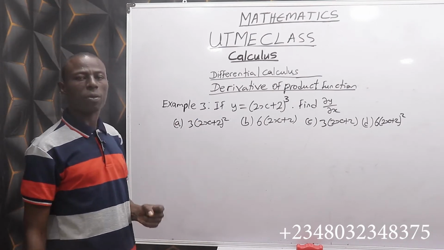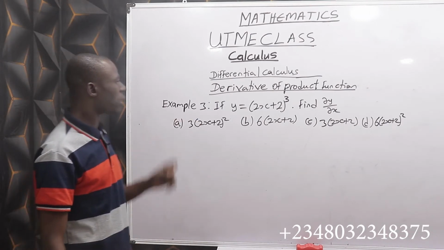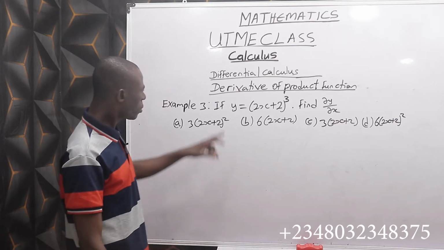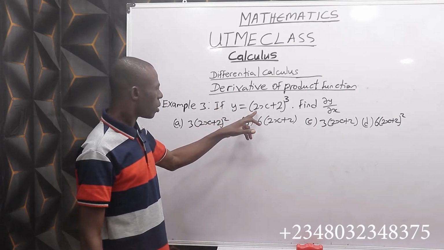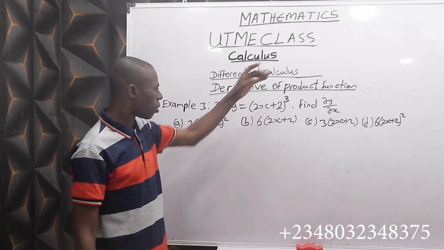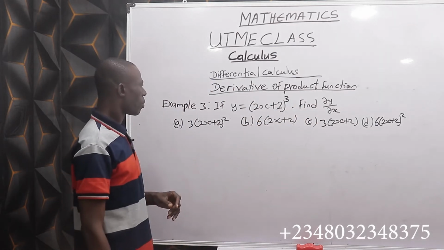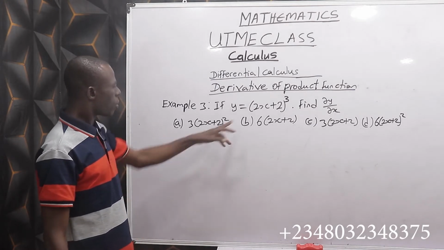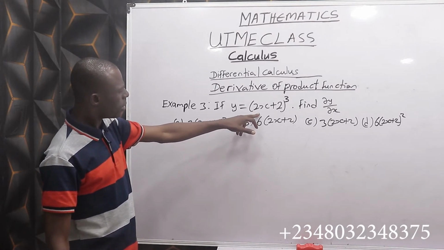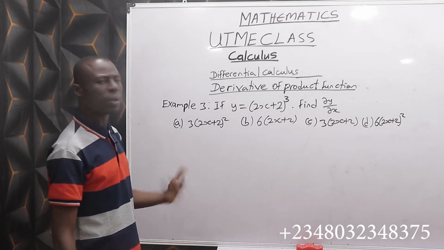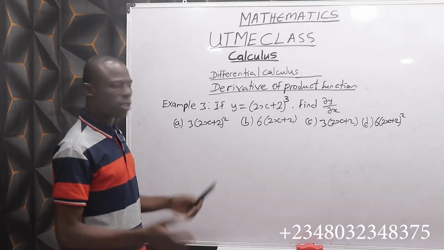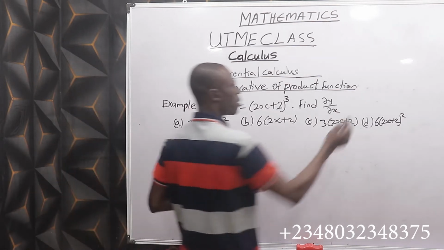Let's consider example 3, still under derivative of product function. If y equals 2x plus 2 in brackets all raised to the power 3, find dy/dx. You will see this question is different from what you have been doing before. There is something about products. Look at it.